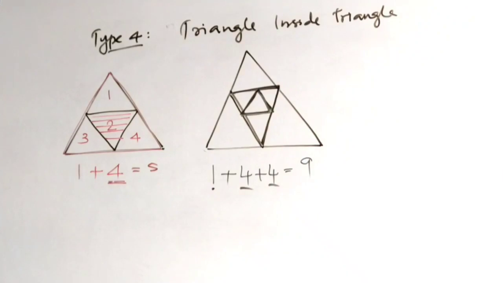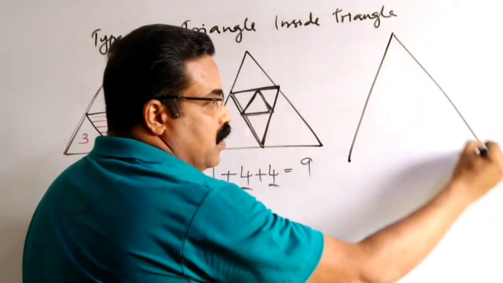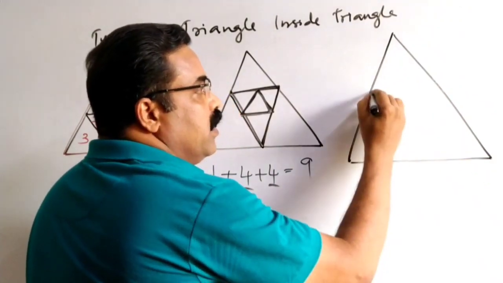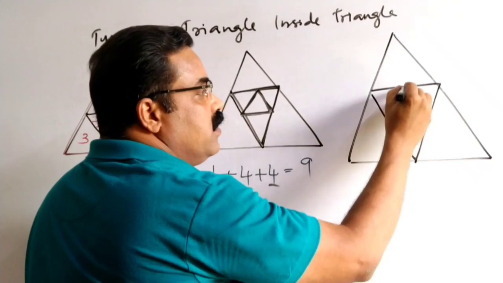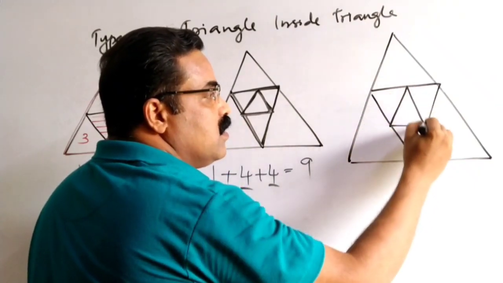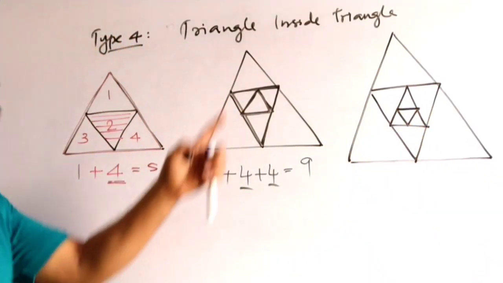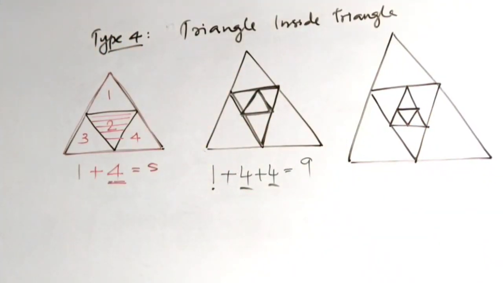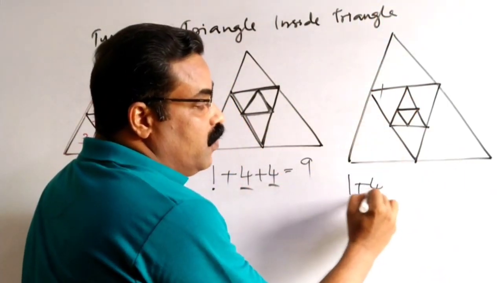So let us draw one more figure. A triangle like this. Inside this triangle, we have a triangle like this. Inside this, we have a triangle like this. And inside this, we have a triangle like this. How many triangles are there in this figure total? So now it is easy. You can see the bigger triangle, 1. This one, 4.